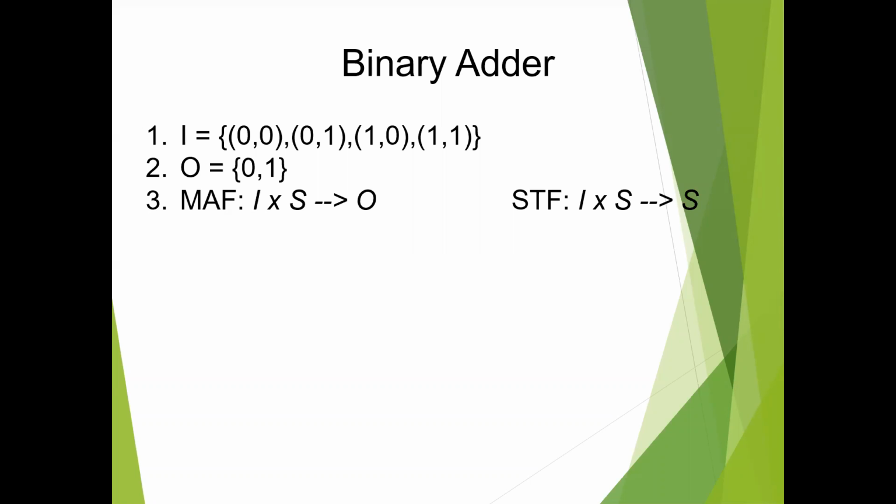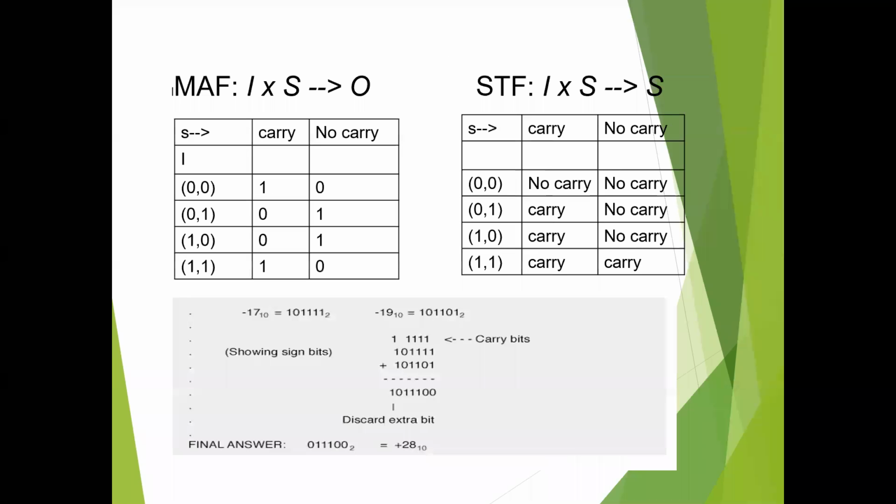So let's say the MAF and STF for a binary adder. When you have 00 as an input, and consider that there is no carry, the output will be 0. And if you have a carry 1, the output will be 1.